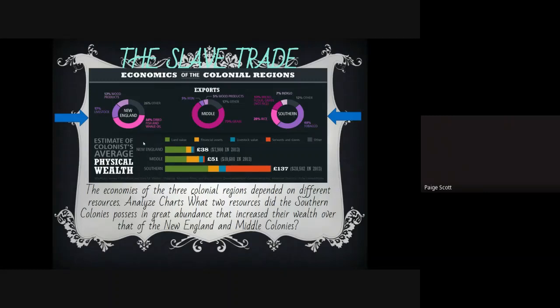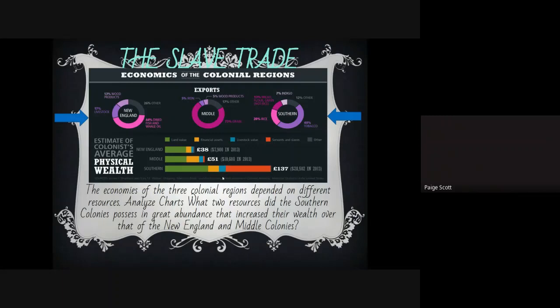Then here we also talk about the estimate of colonists' average physical wealth. In physical wealth, we will be talking about the land value, financial assets, livestock value, servants and slaves, as well as other. So in New England, it was about 38, I believe that means euros, or in 2013 US dollars, it was 7,900.